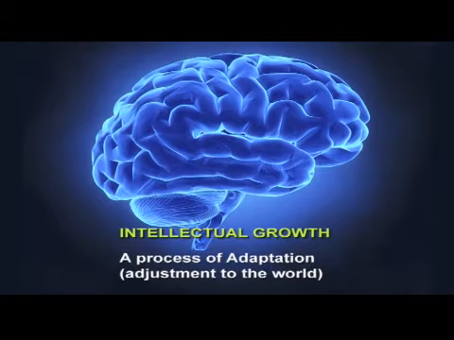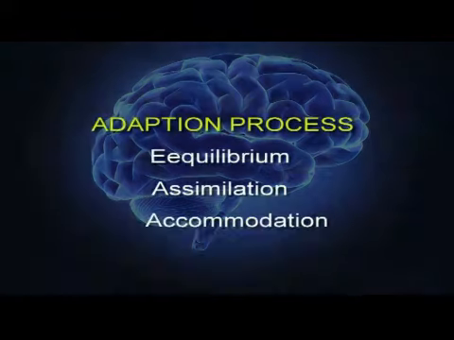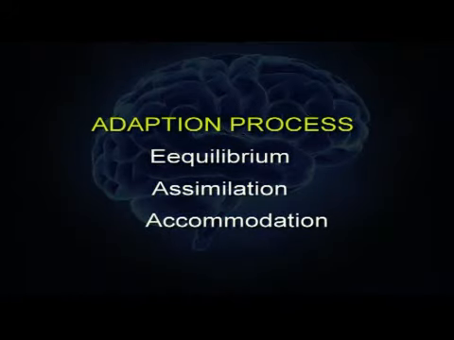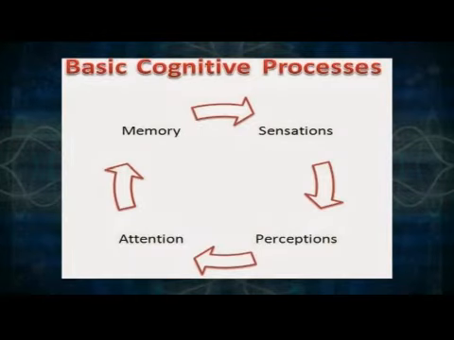Jean Piaget views intellectual growth as a process of adaptation or adjustment to the world. Adaptation processes: equilibrium, assimilation and accommodation. Equilibrium, or a state of cognitive balance, is when a child's existing schemas are capable of explaining what it can perceive around it.